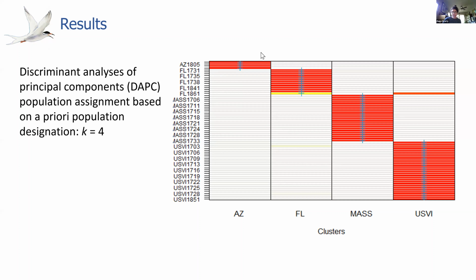What we're seeing is really high rates of assignment. So the blue crosses indicate population of origin. If individuals were not assigning correctly, we would see a lot of red smearing outside of those blue crosses. Instead, we're seeing that only 1 individual is misassigned, and that's this Florida 1861 individual is assigned to the Virgin Islands, but otherwise we had 99% accuracy, which is really promising.